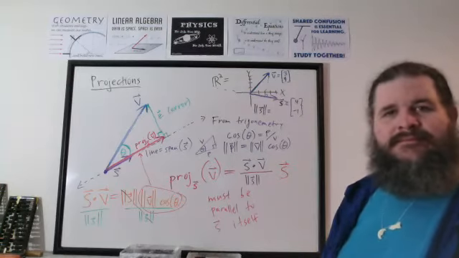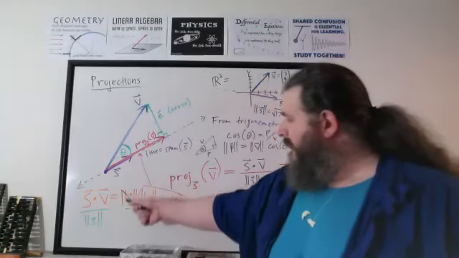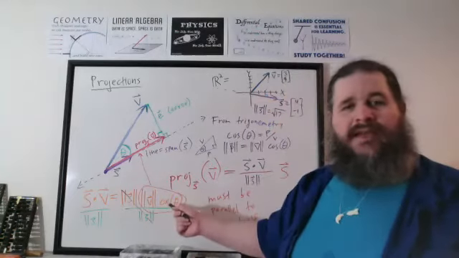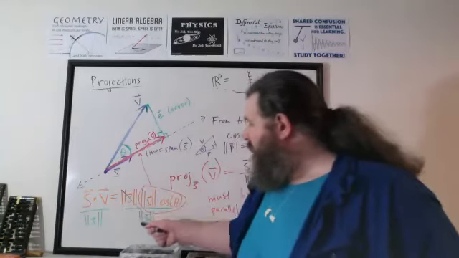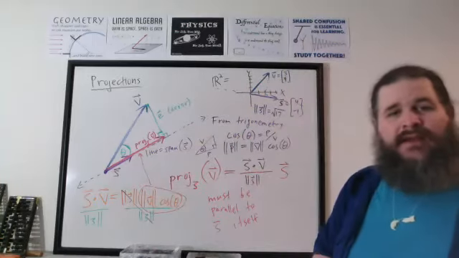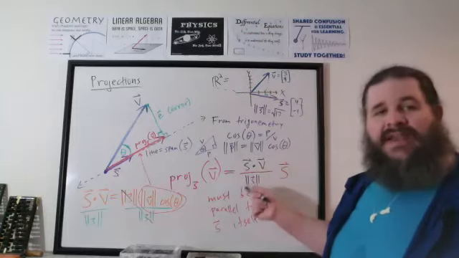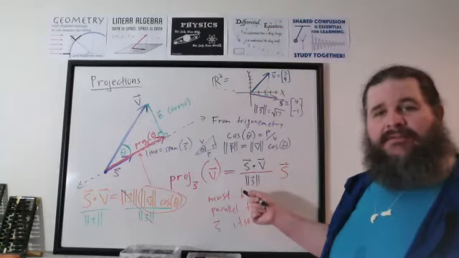No. Ultimately the problem here is s dot v gives you magnitude s times magnitude v times cosine theta, but divide by magnitude s and you get v cosine theta, which is the magnitude we want from trigonometry. Then this s dot v over s is exactly the magnitude we want the result to have.